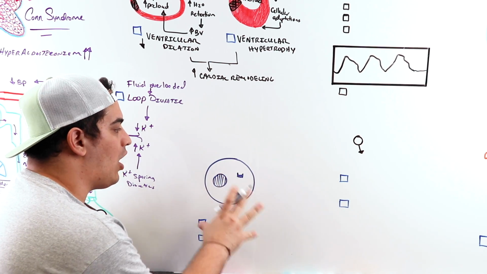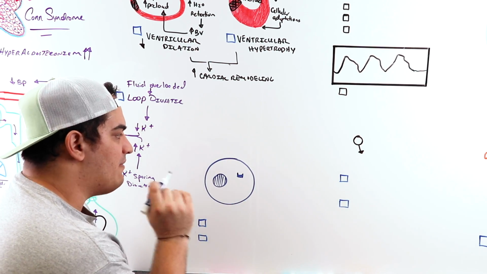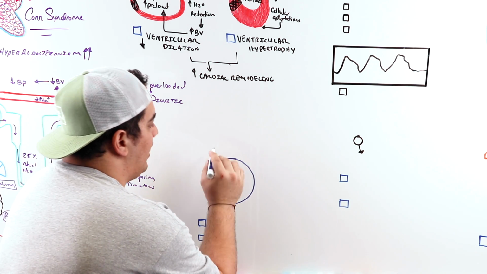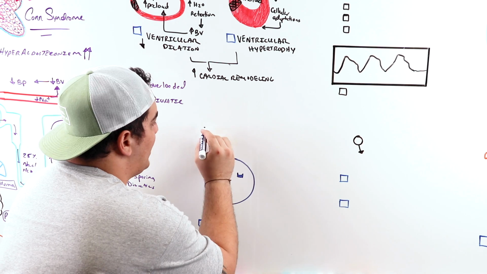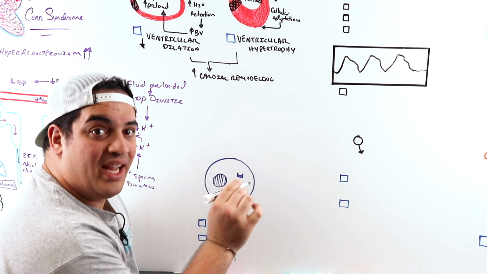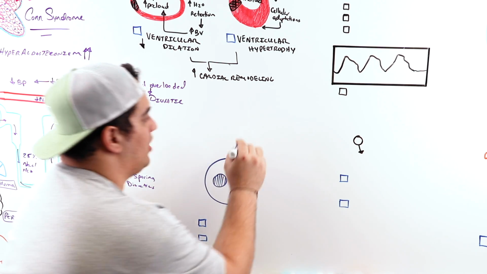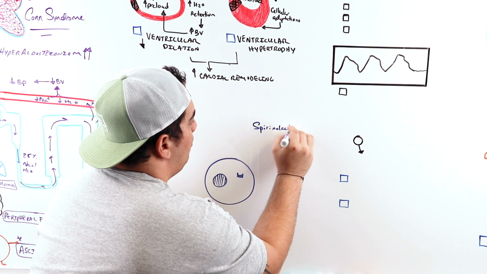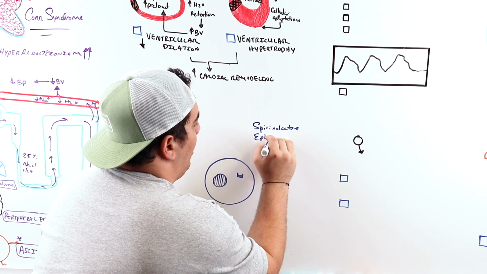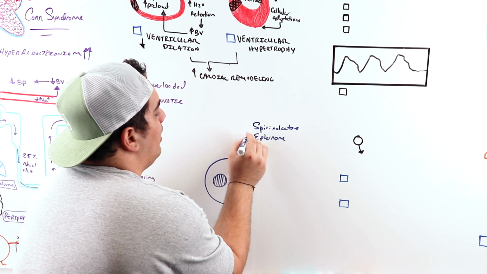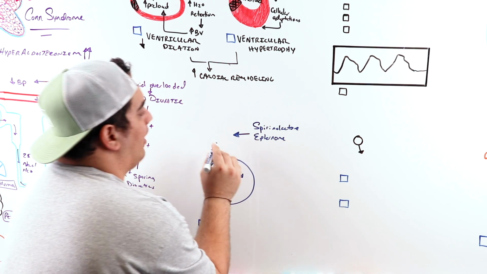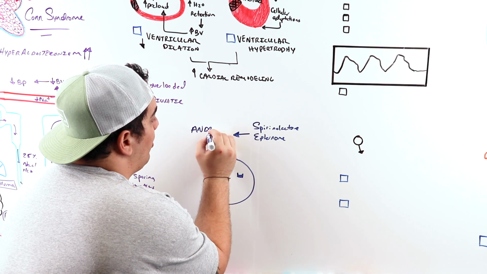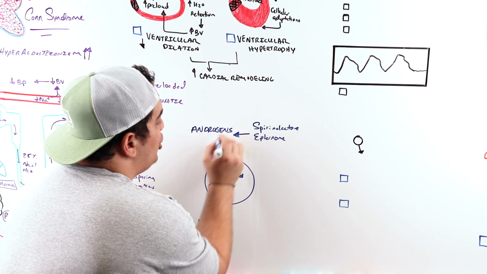The last thing that I want to talk about with the potassium-sparing diuretics, and it's very interesting that they found out how these work, is that these drugs, particularly spironolactone and eplerenone, so let's write these down, can basically block the effect of not just aldosterone, but also androgens in general.